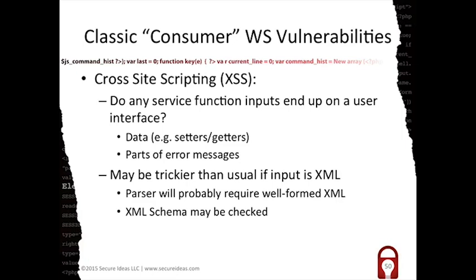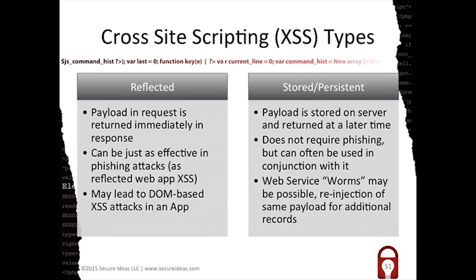There's also the possibility of being able to use a web service to inject a persistent cross-site scripting flaw. Let me go on to the next page here. So you have your reflected, like I said, that's when you put the payload in and you get a response back, and that response contains one of your inputs from your request.